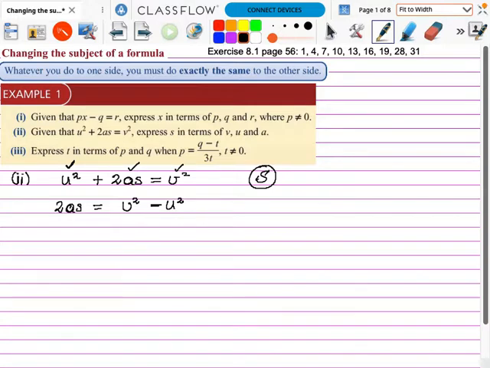A show of hands if someone is a bit wary about that, and be honest with me if you are, because I'll show you the scaffolding technique. I might just show you anyway. U squared plus 2as is equal to v squared. That is the only variable. That's like in the old days being a x.